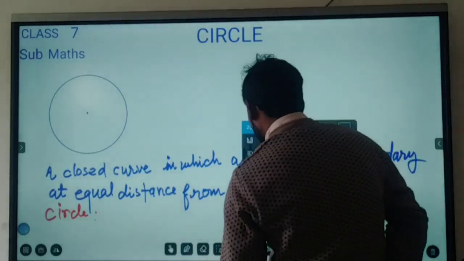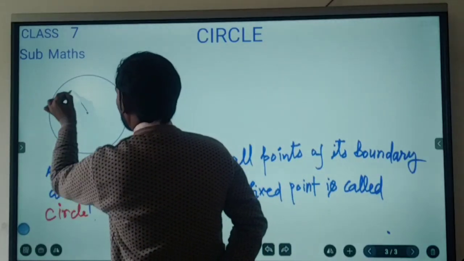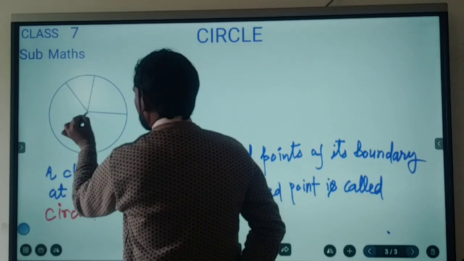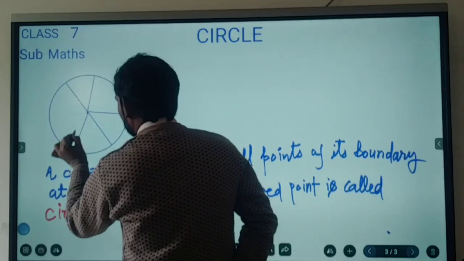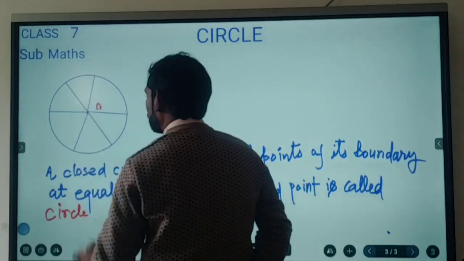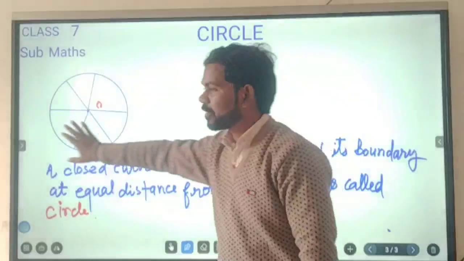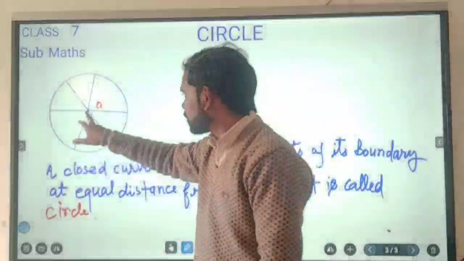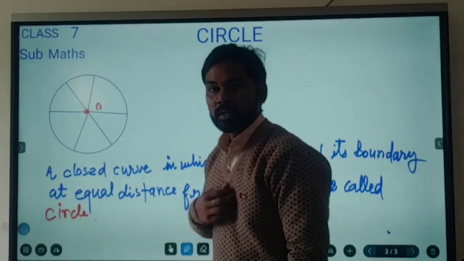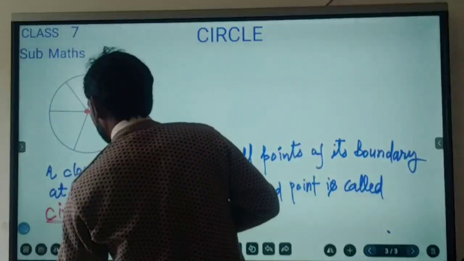So here we can see that all the points are at equal distance from the fixed point, namely O. There is a point O, and all points of its boundary are at equal distance from this point O. So this will be known as a circle.